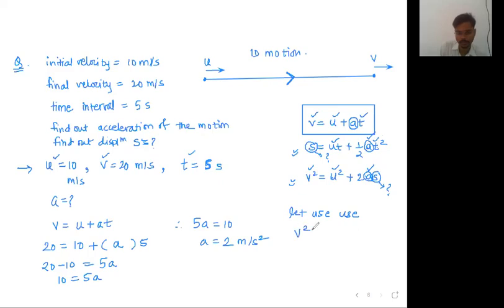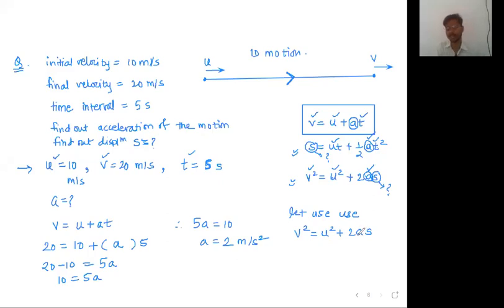Let us use V square equals U square plus twice AS. Okay, sir. The rule to use this equation says that put the value of final velocity, put the value of initial velocity, put the value of displacement, only think for the sign of acceleration.